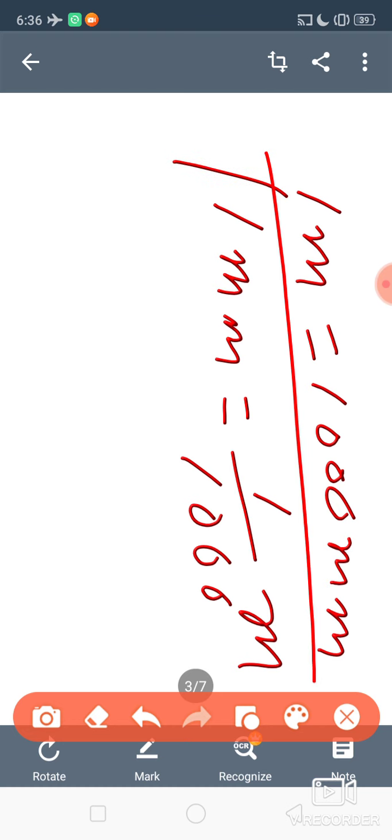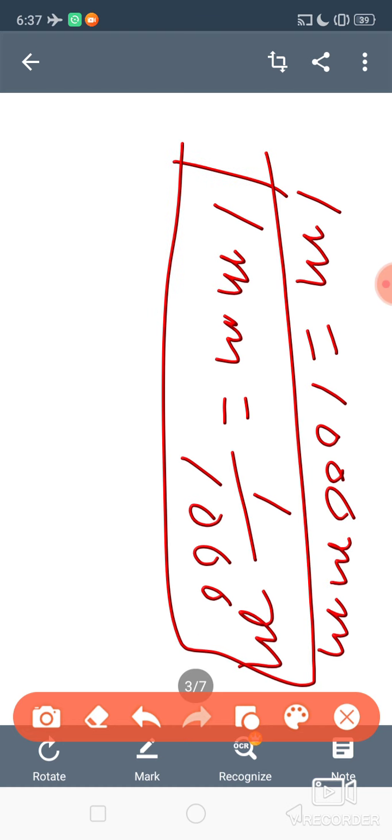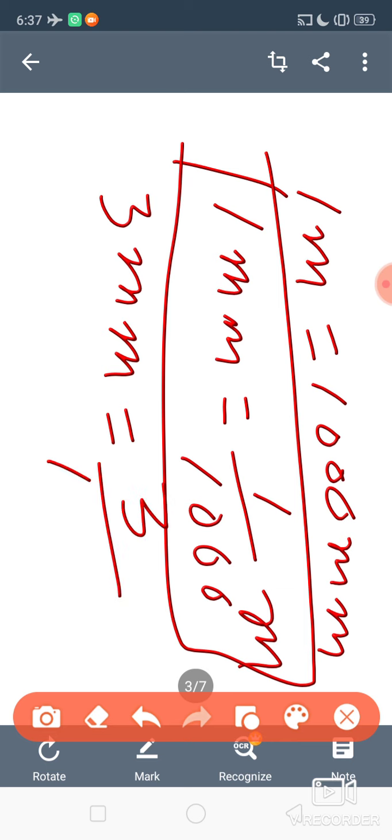So 1 millimeter is equal to 1 by 1000 meter. Similarly, if I ask you 3 millimeter is equal to how many meter? Then 3 millimeter will be equal to 3 by 1000 meter. Now if I ask you 5 millimeter is equal to how many meter? Then 5 by 1000 meter.